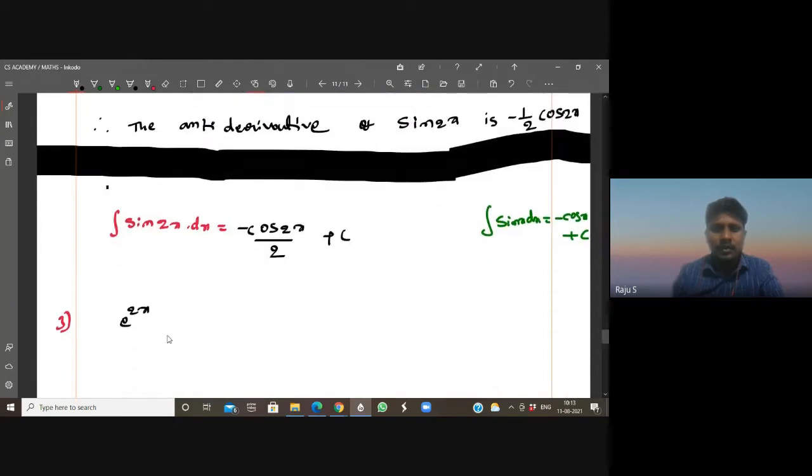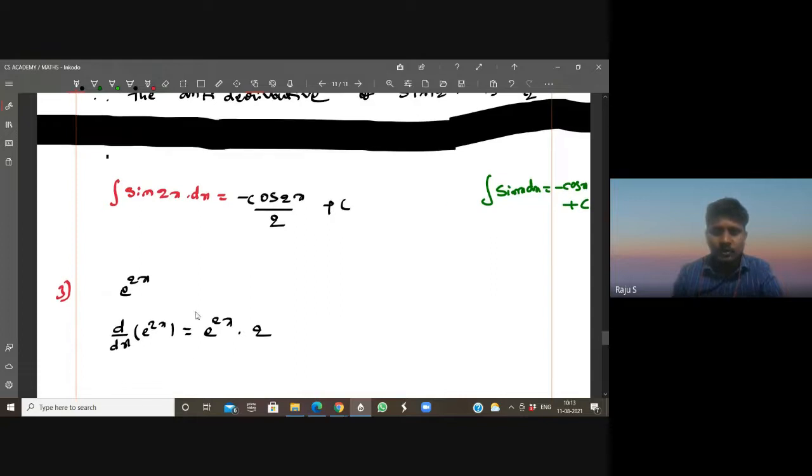Okay. So d by dx of e power 2x is equal to e power 2x into 2. But we want only e power 2x in the question. So this e power 2x is equal to 1 by 2 times d by dx of e power 2x. Okay, 1 by 2 you can take inside: d by dx of 1 by 2 e power 2x.